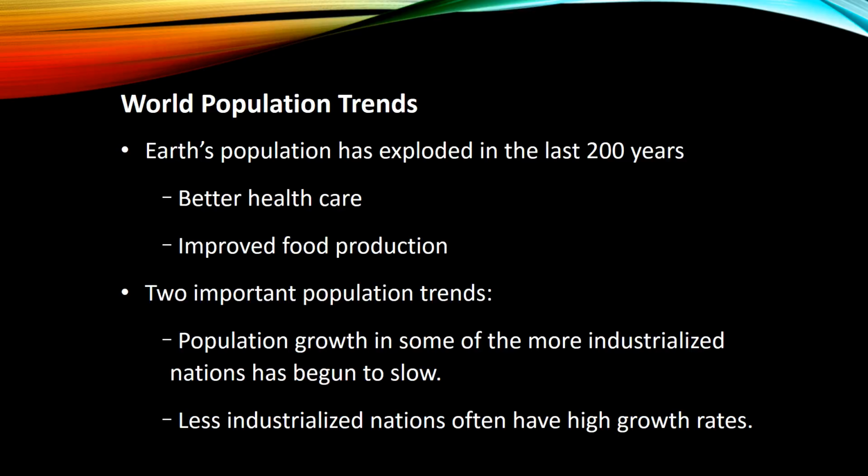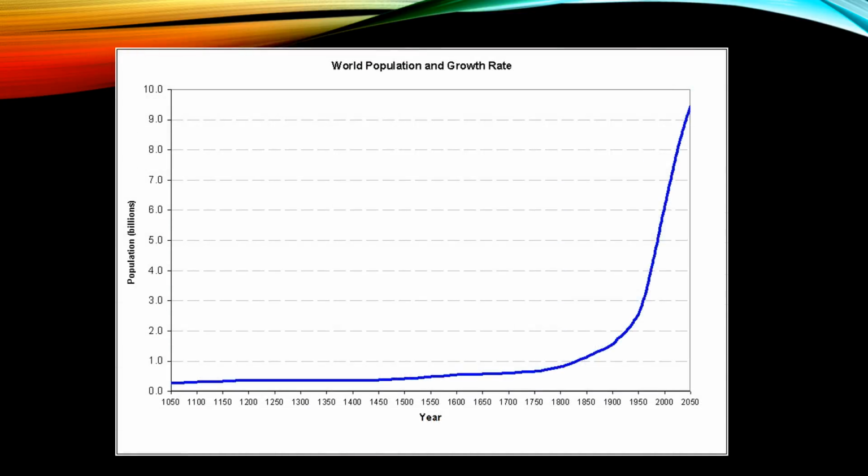So take a look at this next graph here. This shows world population and growth rate starting around 1050. And you can see that yes, it's increasing, but very slightly.